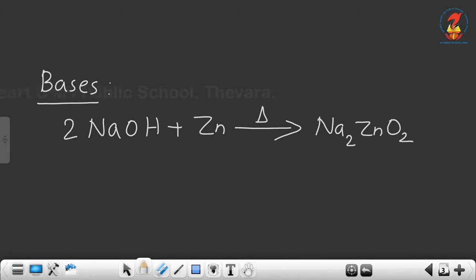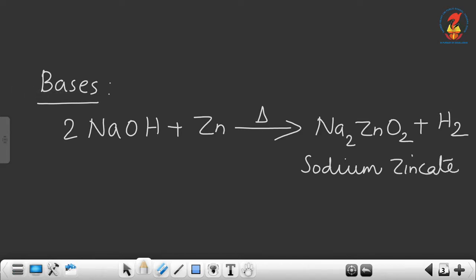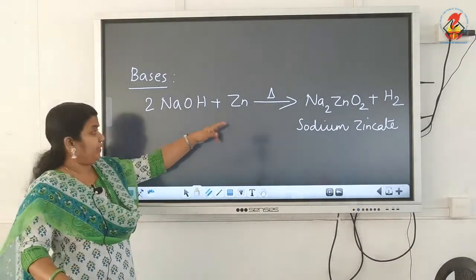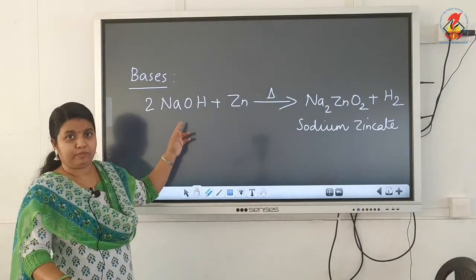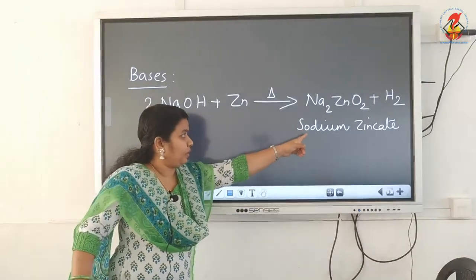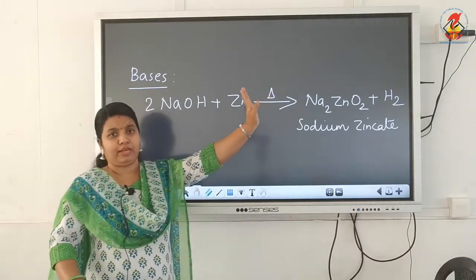This is a new kind of salt for you. The name of the salt is sodium zincate. So active metals like zinc react with strong bases like sodium hydroxide upon heating to form the salt sodium zincate and evolution of hydrogen gas.